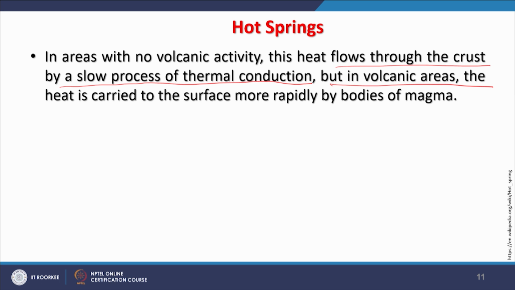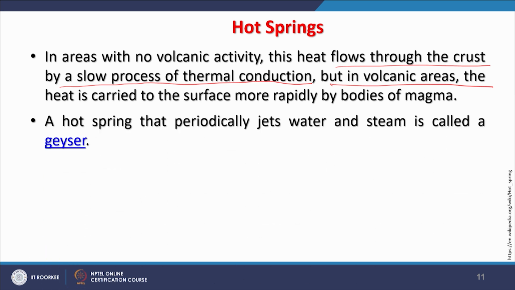In case of volcanic areas, the magma is coming from the mantle or core towards the crust, and it is carrying a lot of heat. So, whatever water or groundwater it encounters in between will get heated up. This is one of the mechanisms involved in creation of such hot springs.